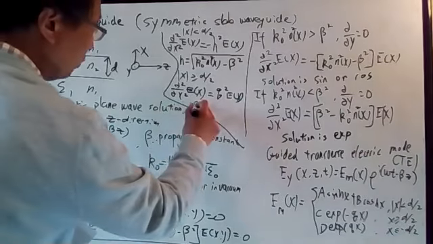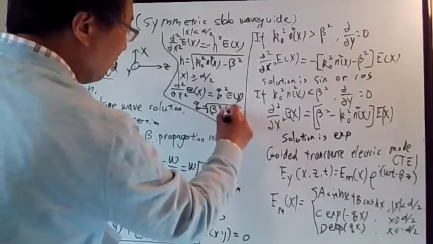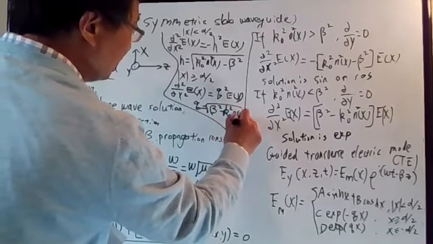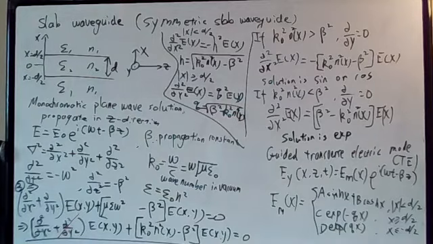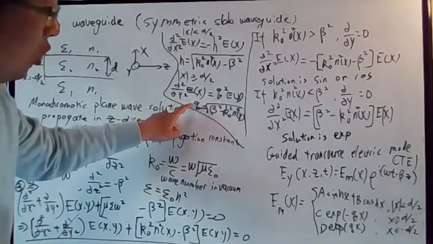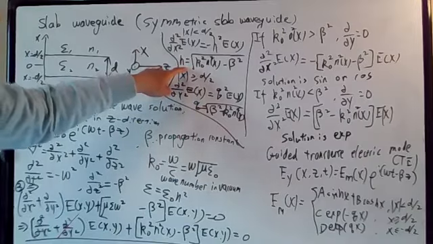So what is q? Q is going to be the square root of beta squared minus k naught squared n squared. So this is going to be the q, and this is going to be the h.